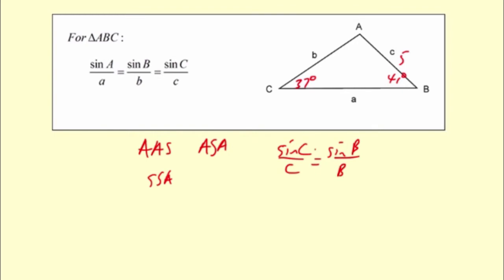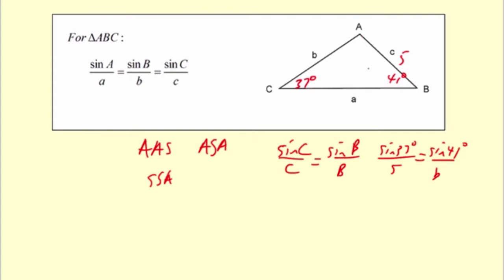And it really doesn't matter which letters you use, A, B, and C. You just need to know that the side and angle opposite each other are in the same ratio. So for this one, it'll be sine of 37 degrees over 5 equals sine of 41 degrees over b. And you can use this to solve for side b.